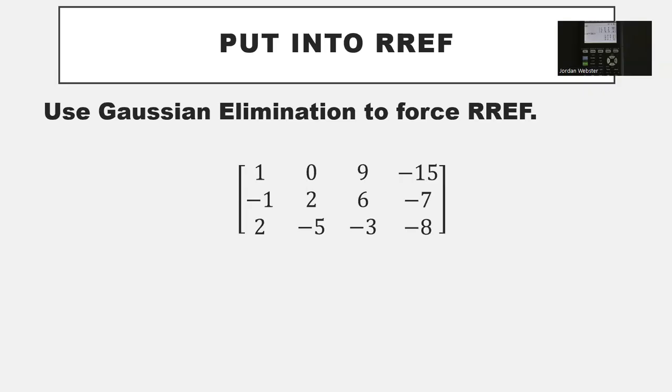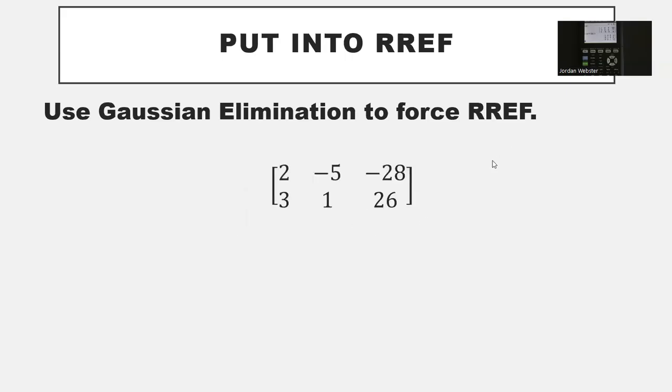Now there's one other way to do Gaussian elimination on our calculator, and that's to do it step by step. Obviously I put this matrix in row-reduced echelon form, or I found the row-reduced echelon form of that matrix, but we could have also done Gaussian elimination in a step-by-step manner.